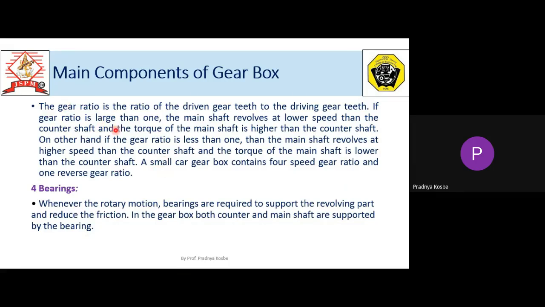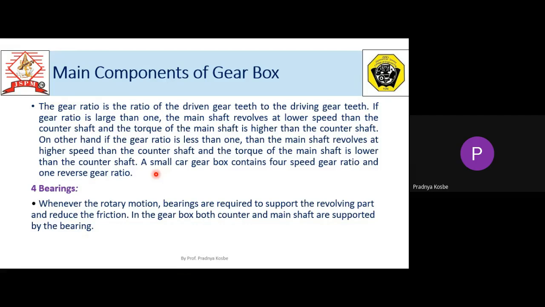Then the gear ratio. What is gear ratio? You have studied gear ratio in Theory of Machines 2 as well as in Design of Machine Elements 1. Gear ratio is the ratio of driven gear teeth to driving gear teeth. Most of the time, the pinion is the driving member and the gear is the driven member.